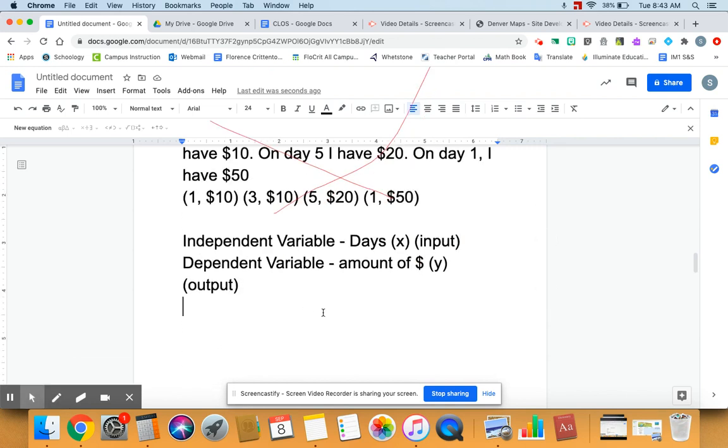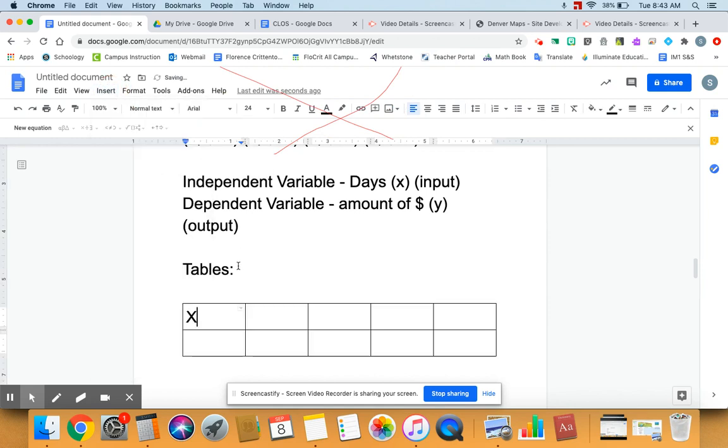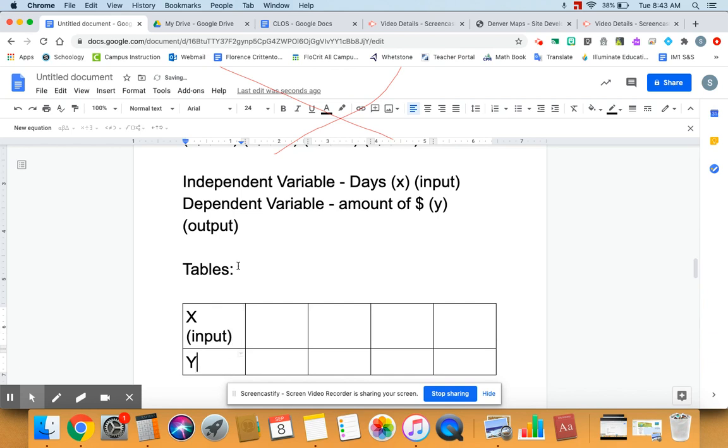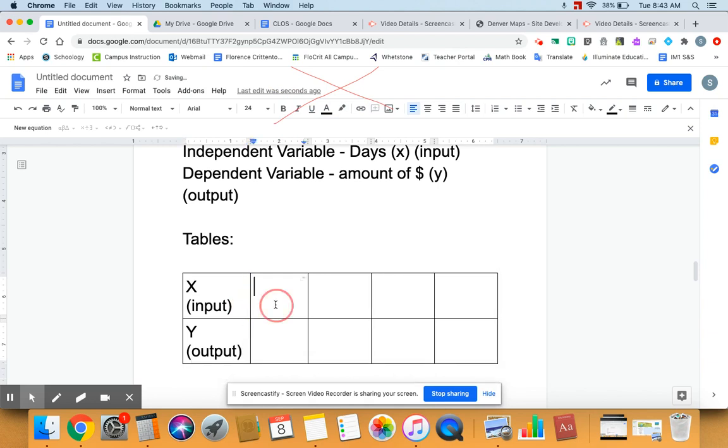So that's with situations. With tables, remember X is input, the independent variable, and Y is output, or the dependent variable. So if X is 1, let's say 2, and then 3, and then 2 shows up again.